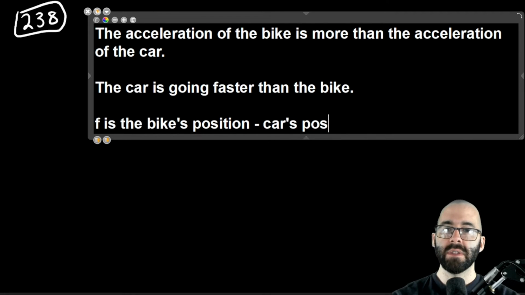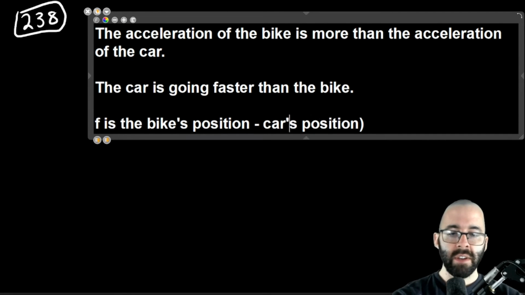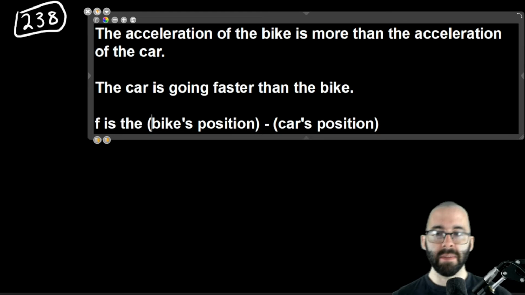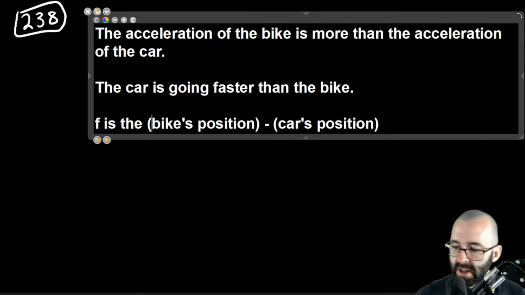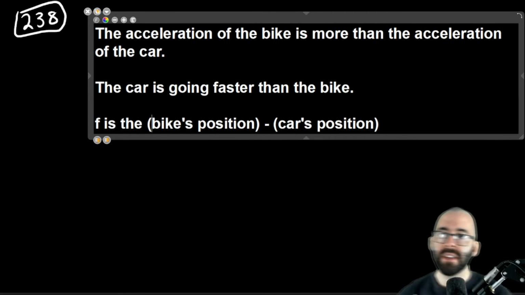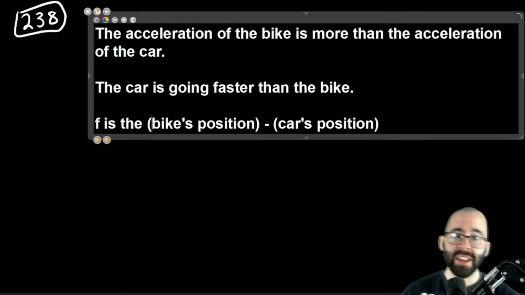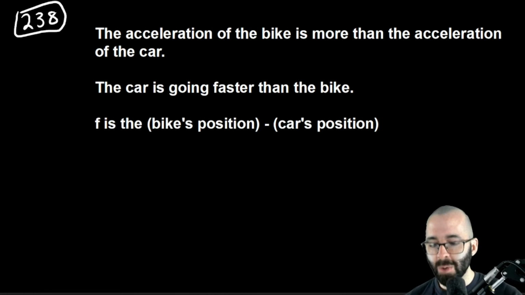If you want to think about these in math, you can think about it as something minus something else. So let's interpret this a little bit. We have to figure out what the problem's talking about before we can even do what it wants.